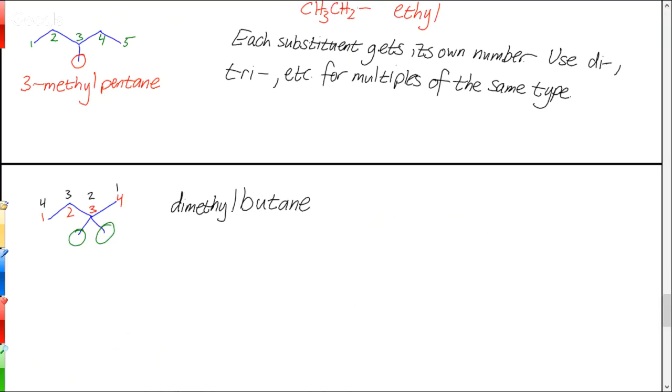And then again, we need to be more specific because we have another dimethylbutane in the isomers as well. So we need to call this one specifically 2,2-dimethylbutane.